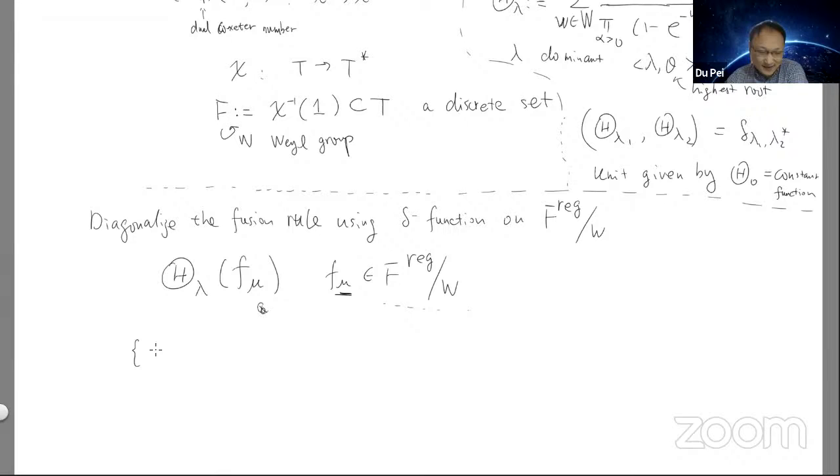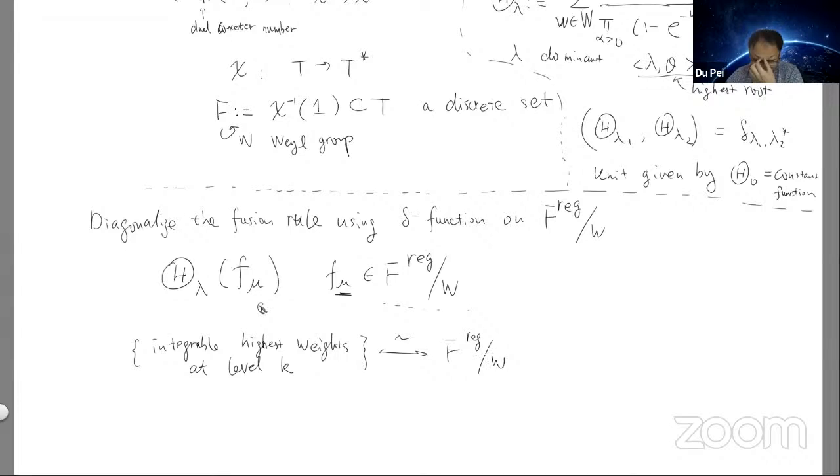This is possible because there is an isomorphism between integrable highest weight representations, or in other words, dominant weights that satisfy this condition at level K, with this finite set, given by sending nu to the exponential of nu plus rho dual over k plus h.